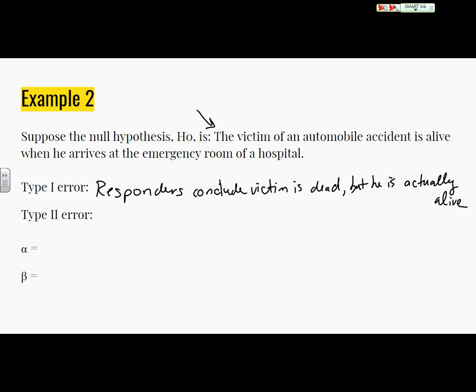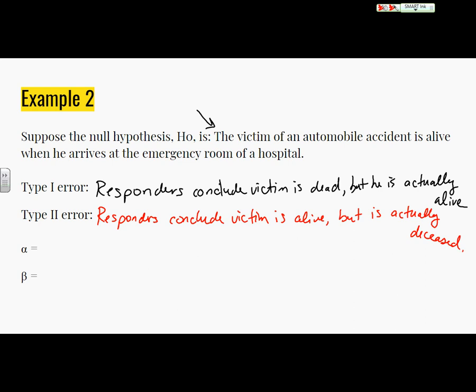Type 2 error, I'm going to not reject H naught. I'm going to say that the victim is alive. So again, I'm going to put this on the responders instead of me. Makes it sound better. So the responders conclude that the victim is alive, but is actually deceased.